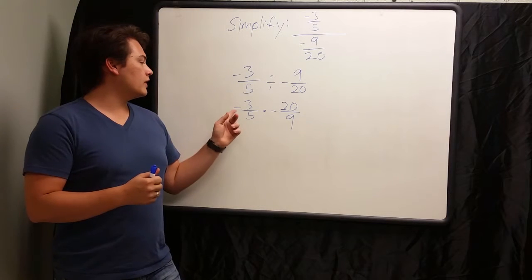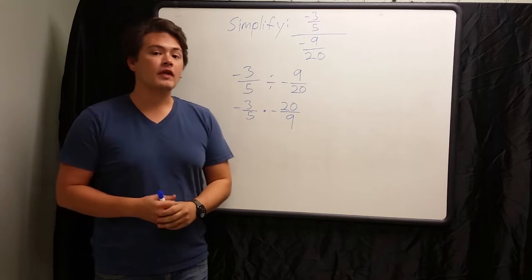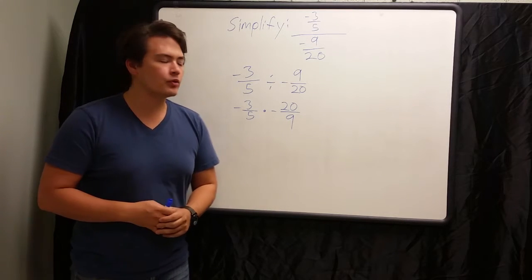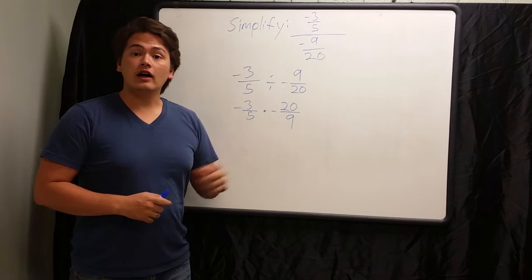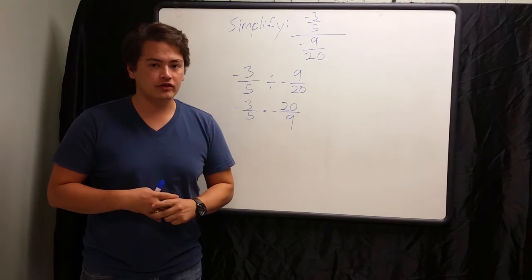So from here, we have negative 3 over 5 times negative 20 over 9. Now there's a special thing that happens when you're multiplying fractions, and this only happens when you multiply fractions.